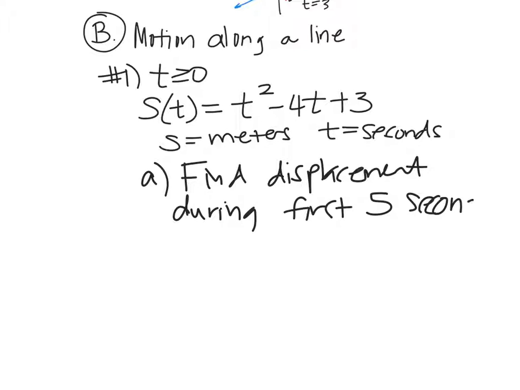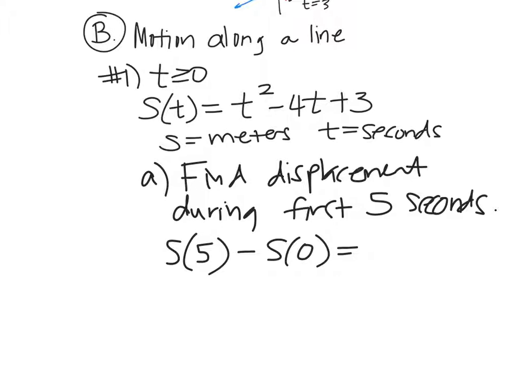Okay, so if I ask you for the displacement, then what you're going to do is s of 5 minus s of 0. Displacement is the y value. You want to think about it that way. It's how far you're moving, so it's meters.